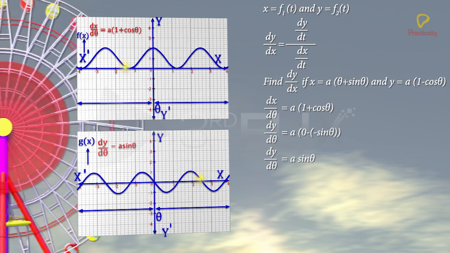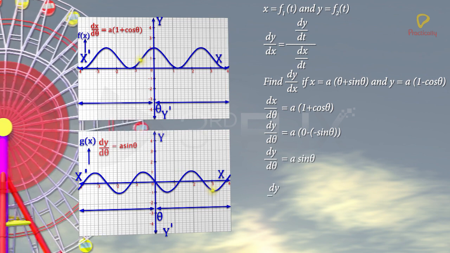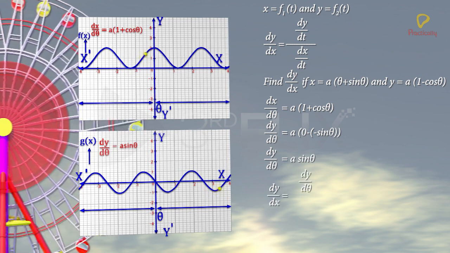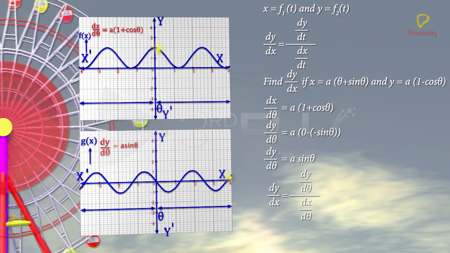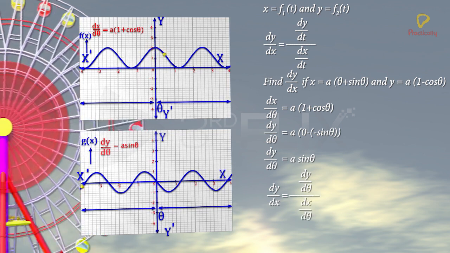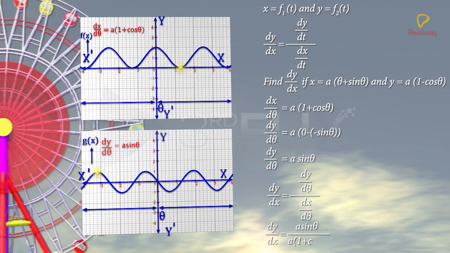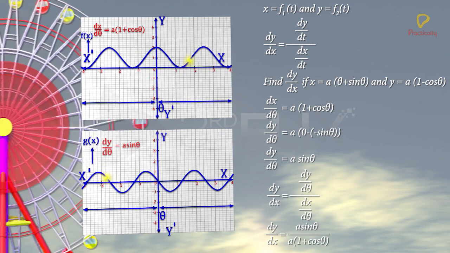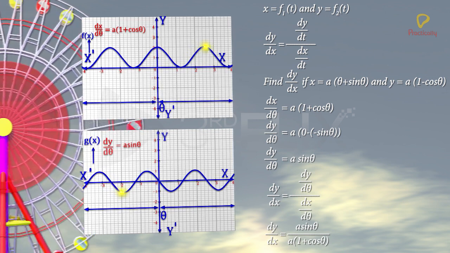Now, substituting values of dy by d theta and dx by d theta in dy by dx is equal to dy by d theta divided by dx by d theta, we get dy by dx is equal to a multiplied by sine theta divided by a multiplied by 1 plus cos theta.